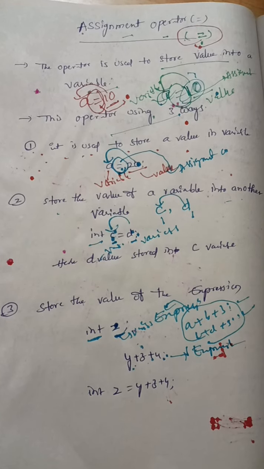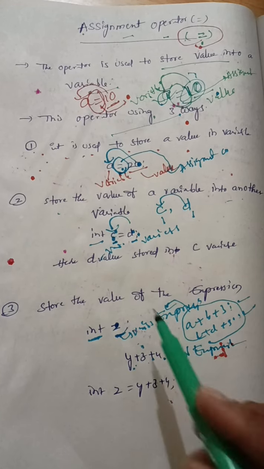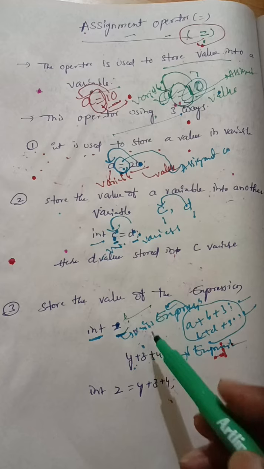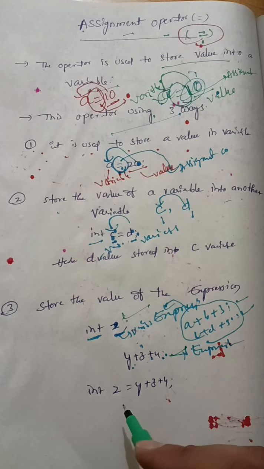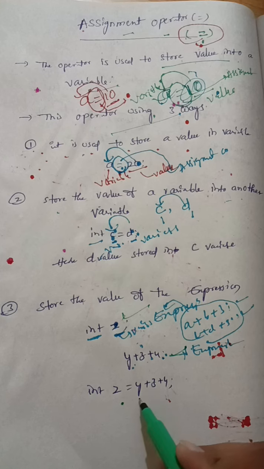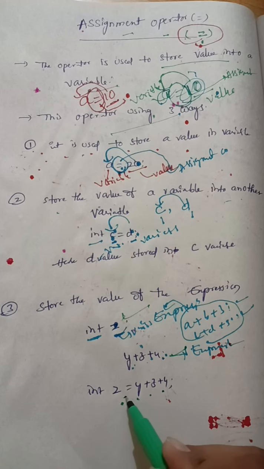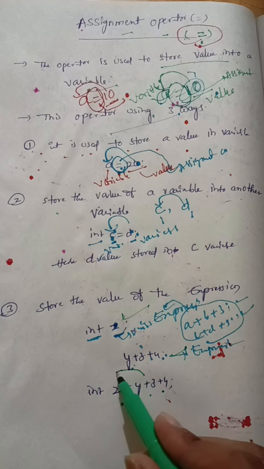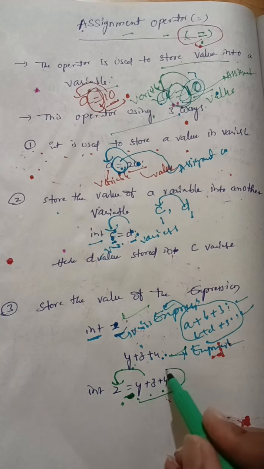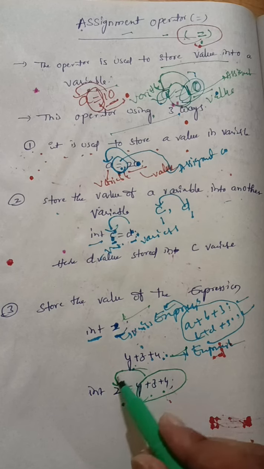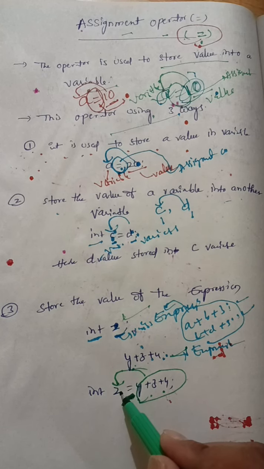First we declare it like this. We have already declared the variable and the expression. Now how do we write it? First x plus y, then the equal operator as the assignment operator. Using this operator, this whole expression is stored into the variable z.